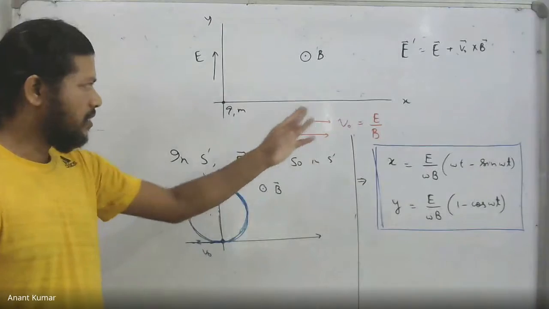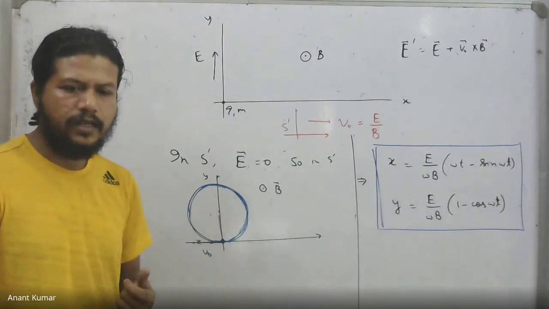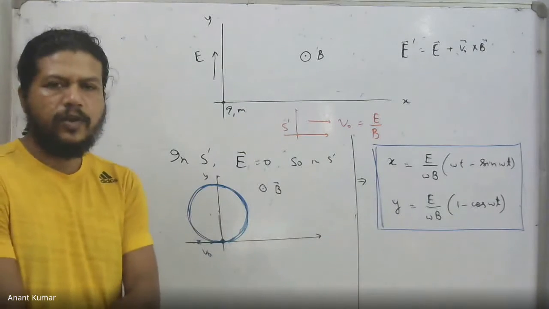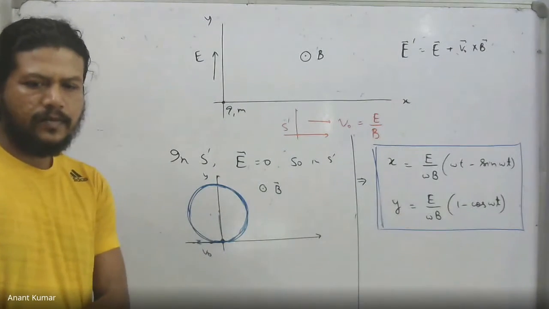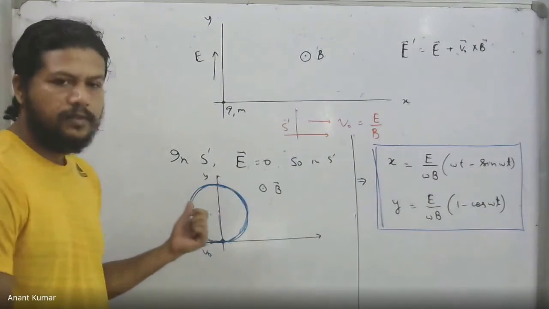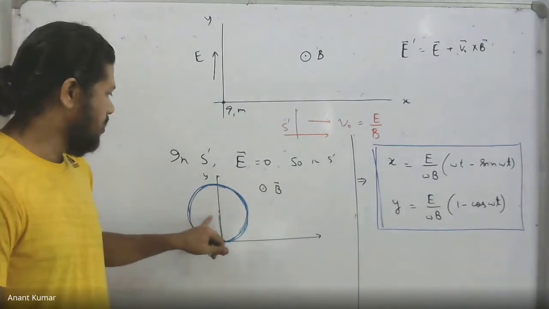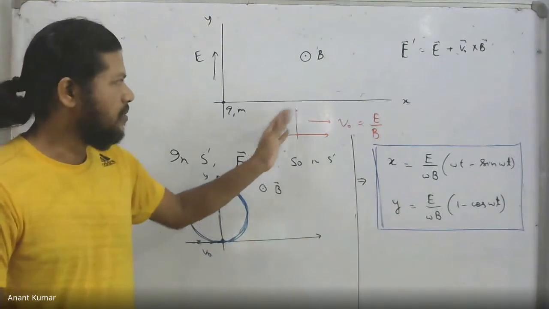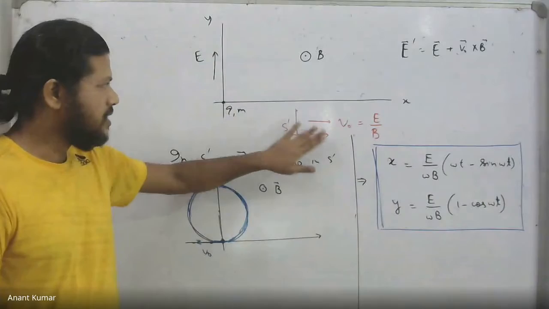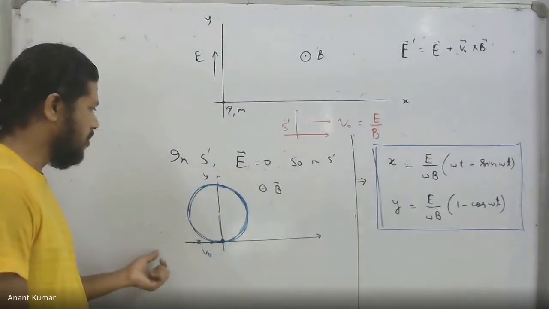V naught is towards the right, so in that reference, which way will the velocity of the point charge appear? Backwards, that is, towards the left. Why? Because in the original frame the point charge was at rest, so with respect to the moving frame it goes backward. Therefore it has a velocity in the backward direction.